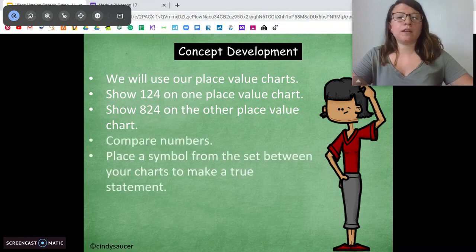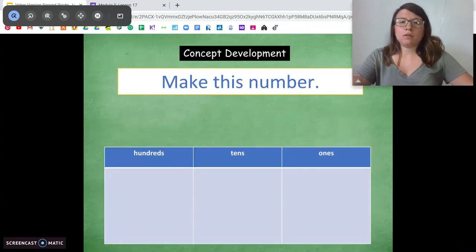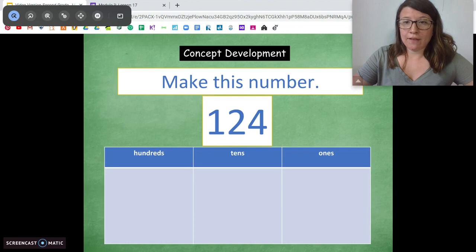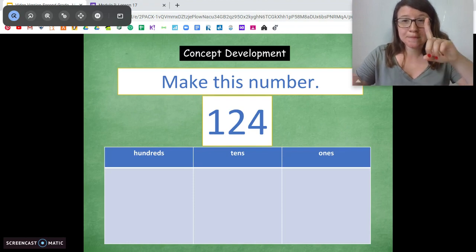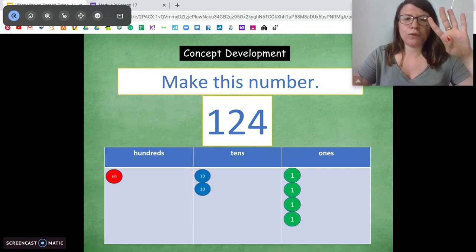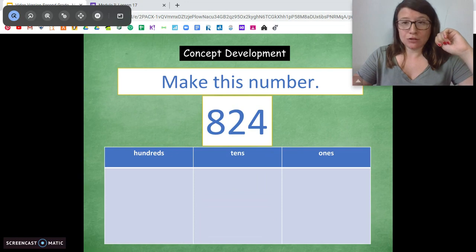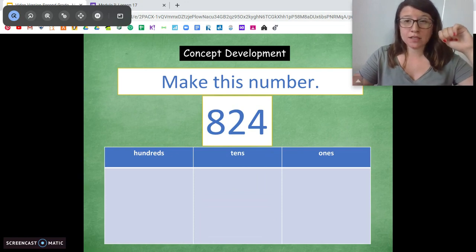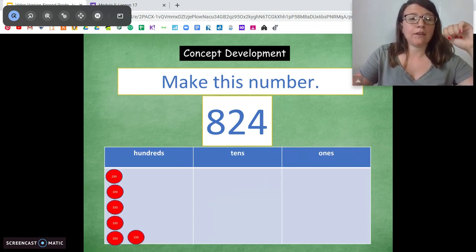Okay, let's go over it. So your 124 should have how many hundreds? 1. How many tens? 2. Awesome. And how many ones? 4. Awesome. Then we have 824. How many hundreds? 8. Very good.